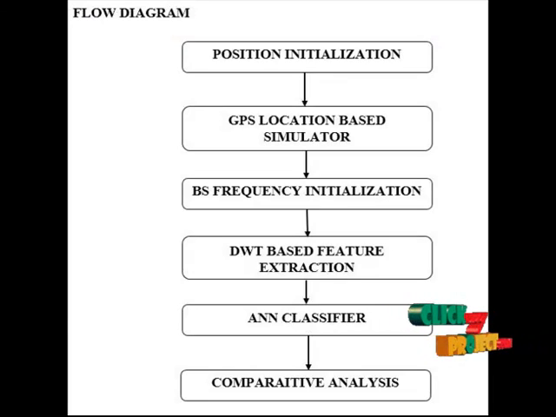Next we are going to discuss the architectural diagram of the proposed system. It consists of 6 blocks: positional initialization, GPS location based simulator, base station frequency initialization, DWT based feature extraction, ANN classifier, and the analysis performance.